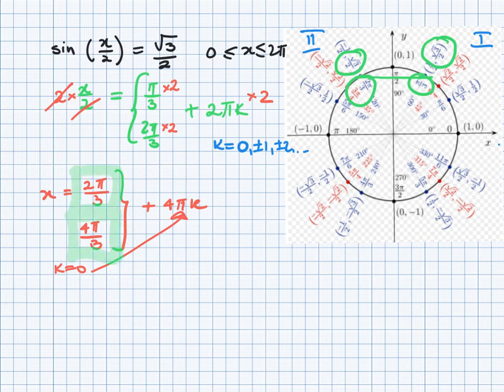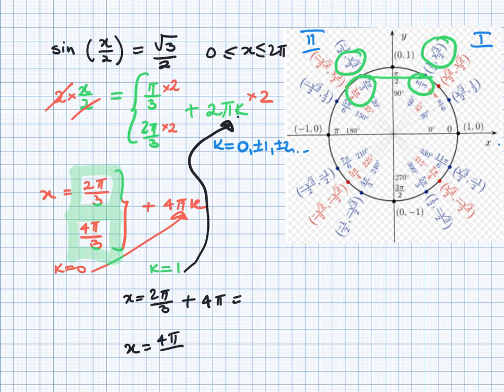However, when k is equal to 1, let's have a look what we're gonna have. x is equal to 2 pi over 3 plus 2 times pi times 1 times 2, which is 4 pi, and another one, x is equal to 4 pi over 3 plus 4 pi.